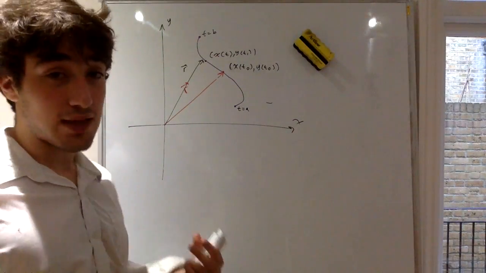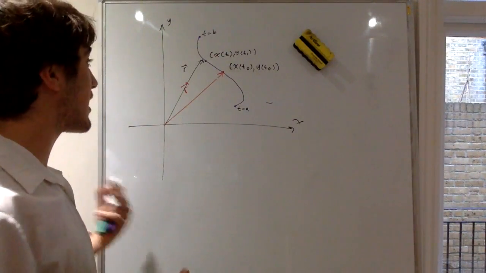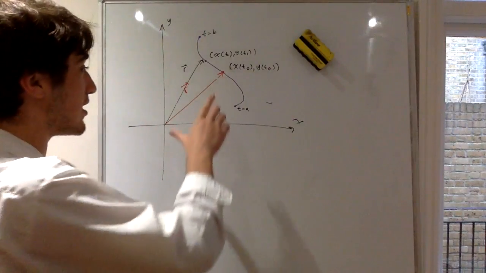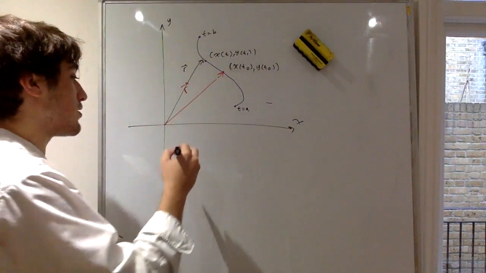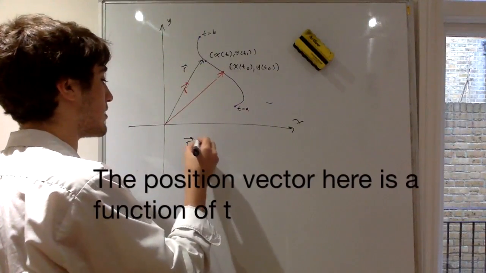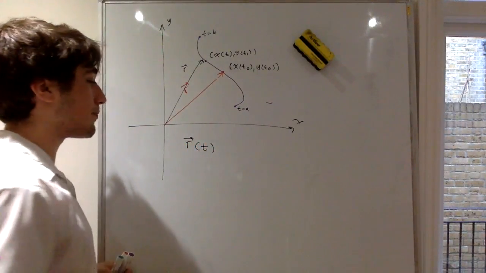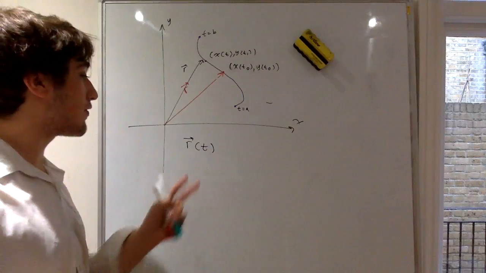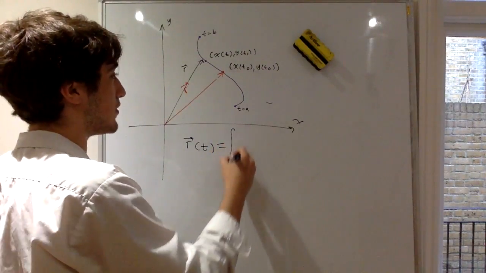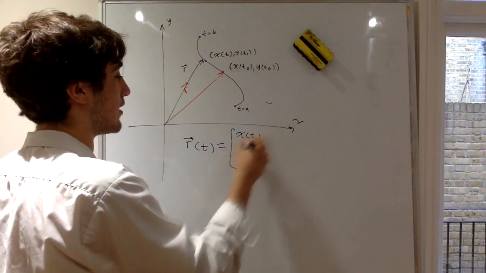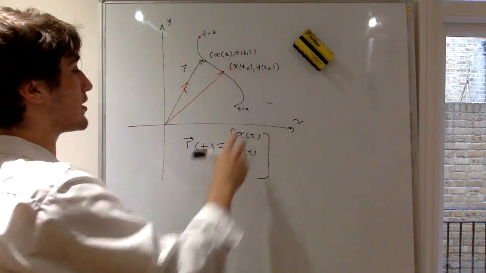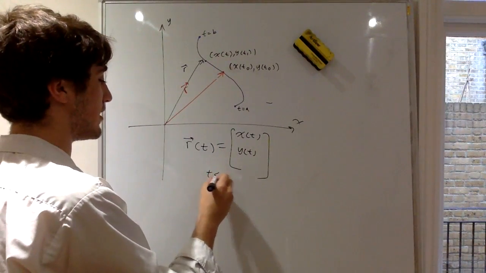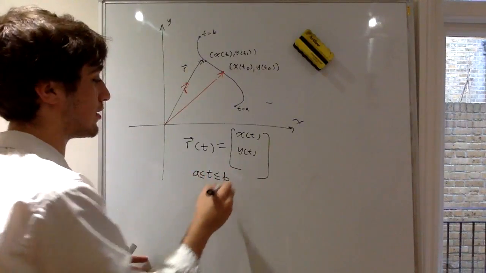And that's what it is, but it's not a regular scalar valued function because as you see here, the output isn't a scalar, it's a vector. So r is actually defined as a function of t. And r of t gives you x of t and y of t, to be general. I hope you can see that here. And then of course t is restricted between a and b.